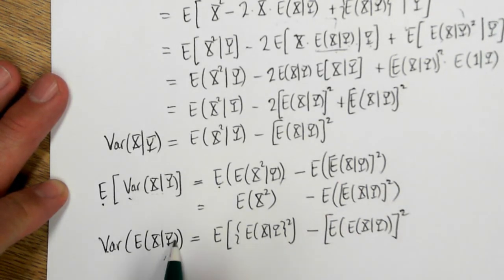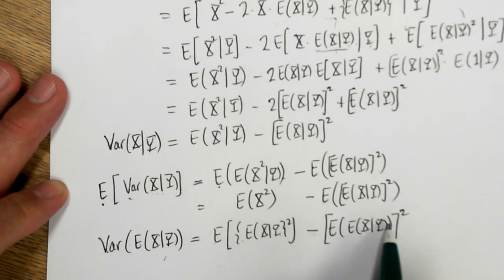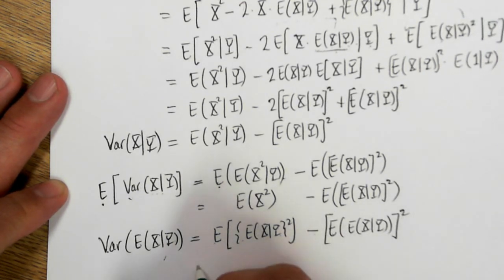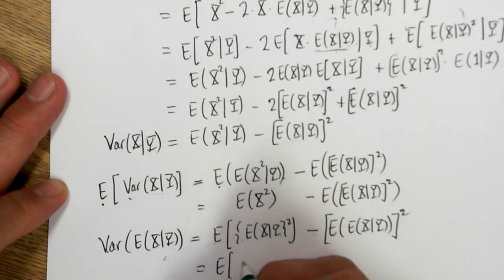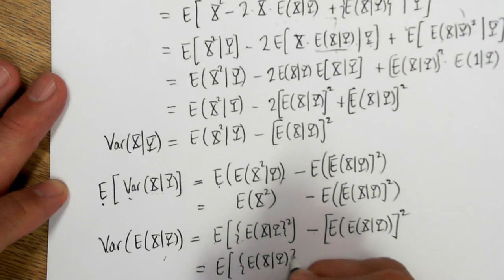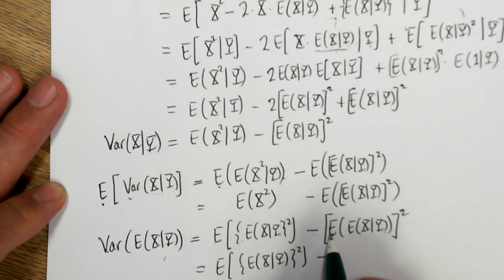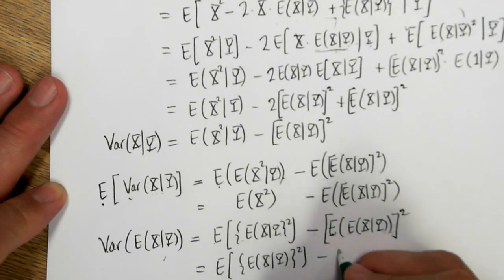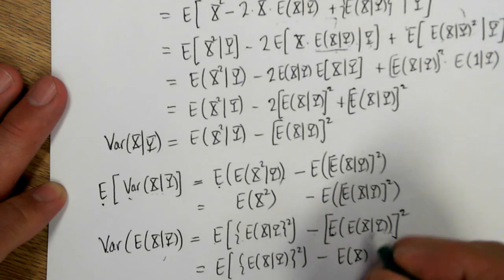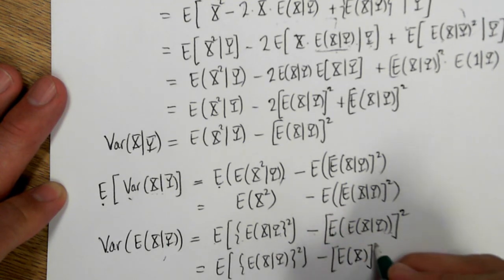So the variance of something is the expected value of the something squared minus the expected value of the something whole thing squared. Now this first part doesn't get any simpler. Just leave it alone. The second part, I've got the expected value of a conditional expectation, and the expectation of the conditional expectation is simply the expectation. And then I have this outside squaring.